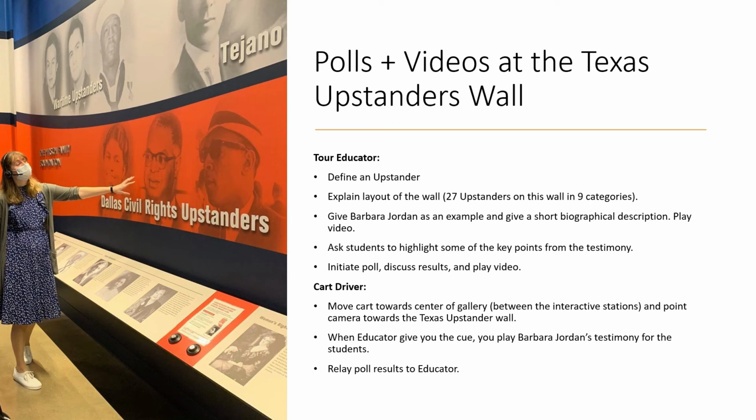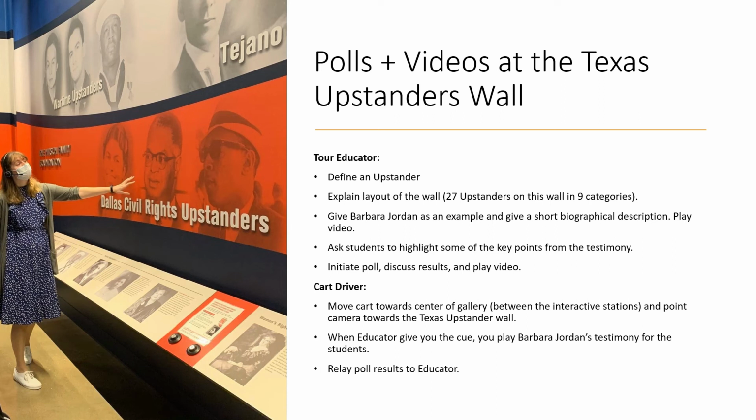And when the results come back, explain, all right, my cart driver has just let me know that Jesse Daniel Ames is the upstander that you want to hear from. Then give a brief bio of that chosen upstander. Again, this is where those notes come into play.